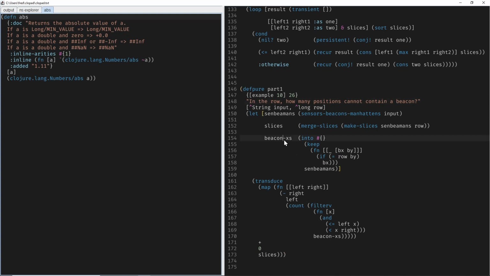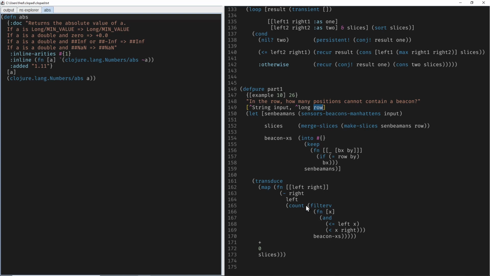So here I calculate all the X positions of beacons which are in that row. We take our full data and, into a new hash set, I only want to keep those where the row, in our case 10, is the beacon Y position. If that is the case, I want to keep the X position. That gives us all the beacon X positions in the given row.